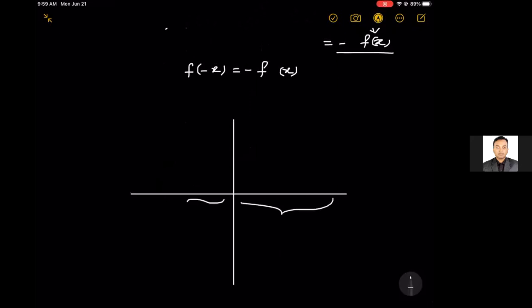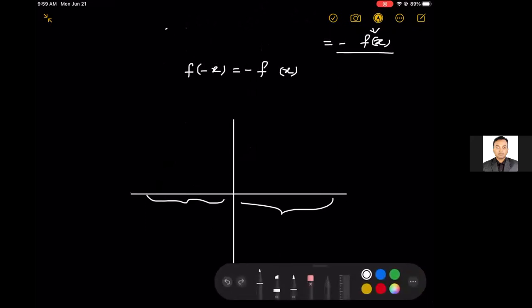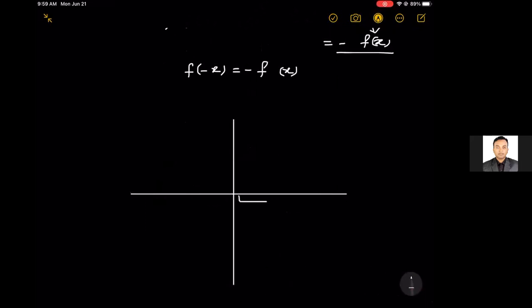And this is the negative values of x. So we can imagine that the function will behave similarly on both sides of 0, because we know the function is even. That means for negative x, we actually have the same behavior.